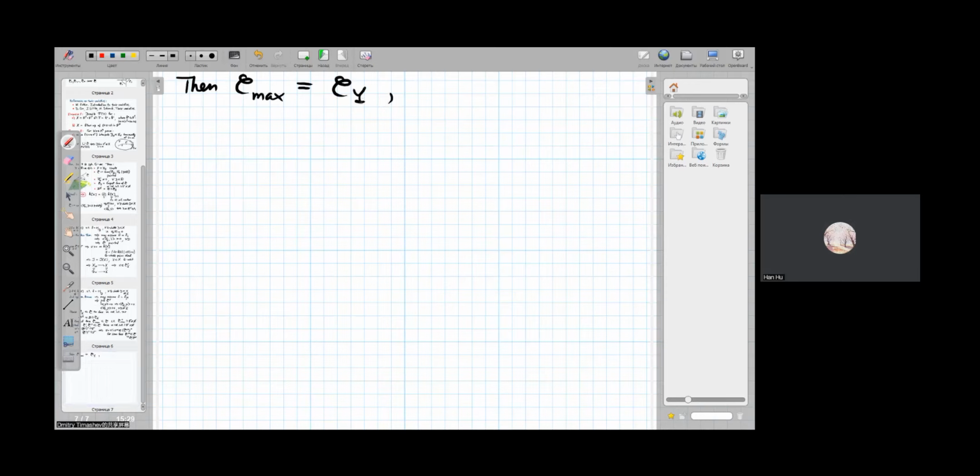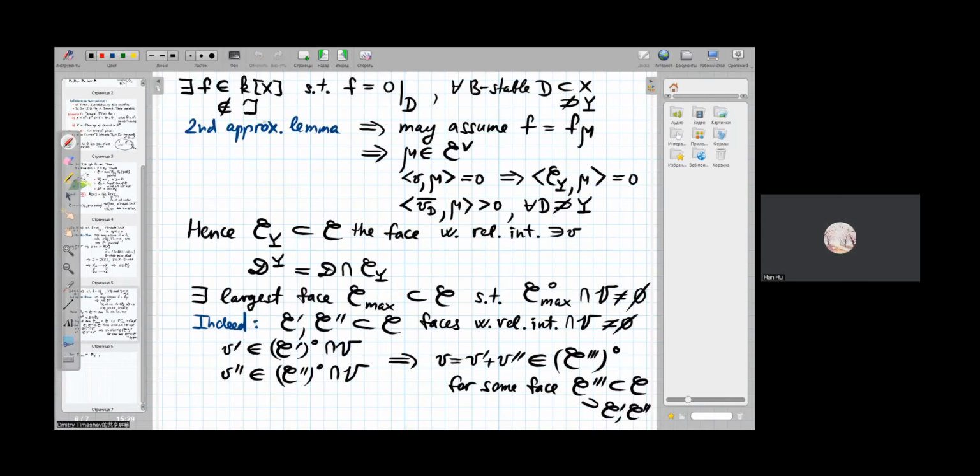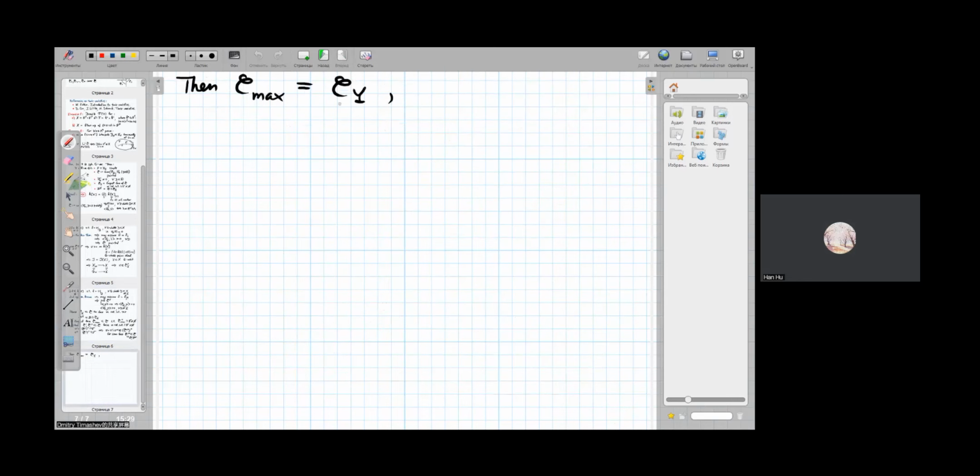Yeah, this we have proved some time ago. And since this C max is the largest face whose interior intersects with the valuation cone, then the orbit corresponding to this largest face will be the smallest orbit in X. That is the orbit which is contained in the closure of any other orbit. So this Y will be the unique closed orbit.